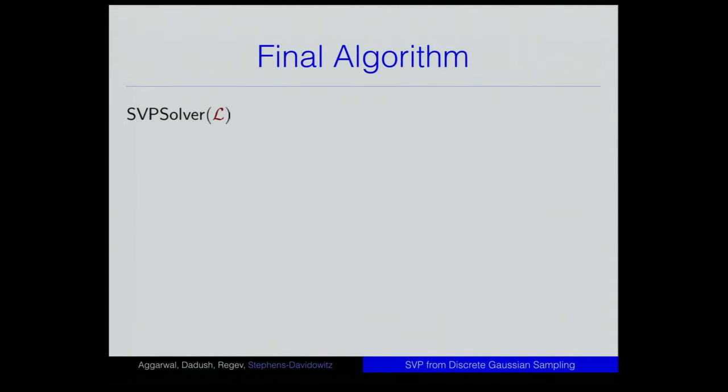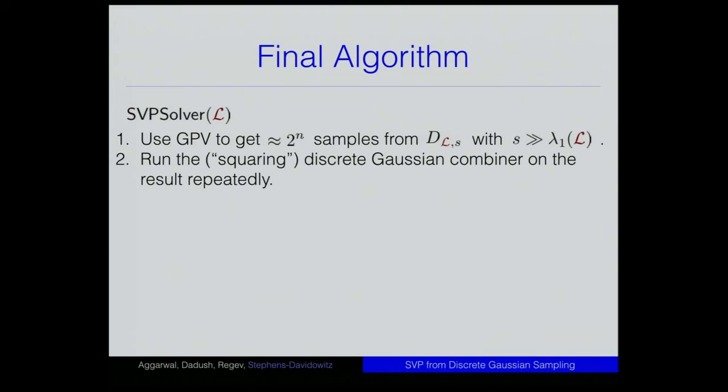It's fairly simple. So here's our SVP solver. We're going to first use GPV to get about 2 to the n samples from the discrete Gaussian with some fairly high parameter, significantly bigger than lambda 1. We're then going to repeatedly run this sort of squaring, combining process on the result. So we're going to group everything by buckets.